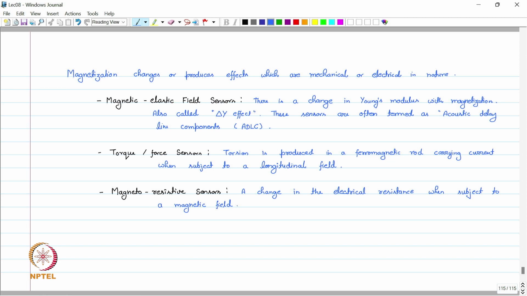So these are magnetoresistive sensors, and the fourth one is the Hall sensors or the Hall effect sensors, or we can also call them magnetogalvanic sensors.